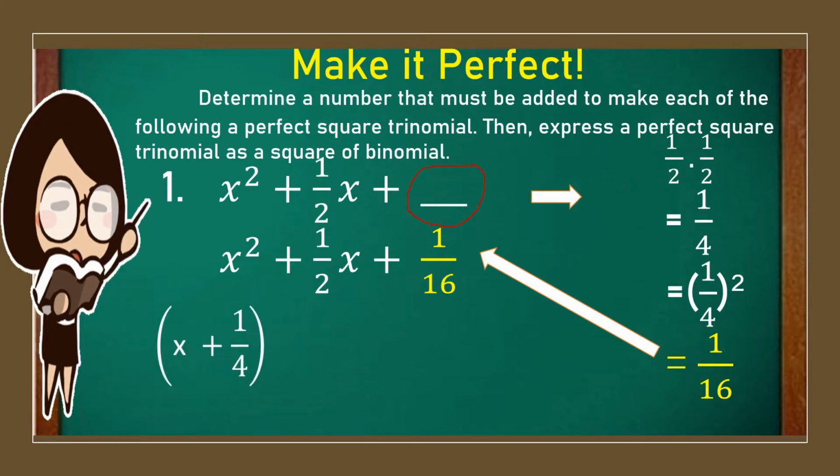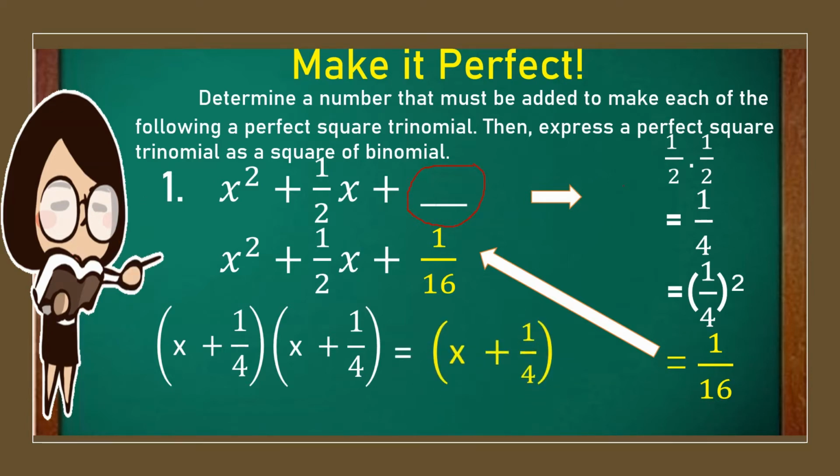x squared becomes x times x. And get the square root of 1/16. Square root of 1 is 1. Square root of 16 is 4. And that will be the quantity x plus 1/4 times the quantity x plus 1/4.